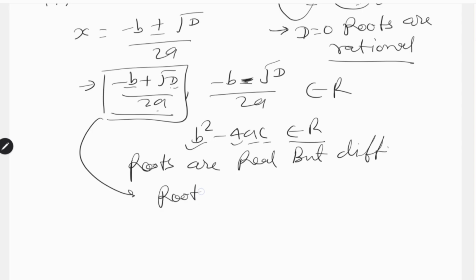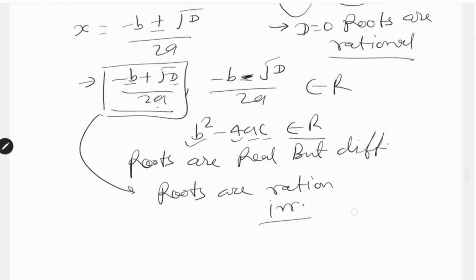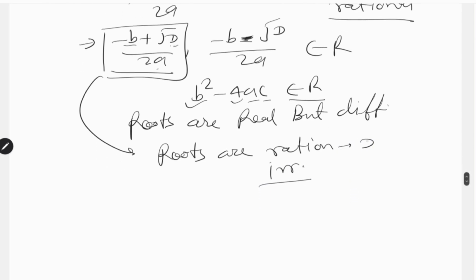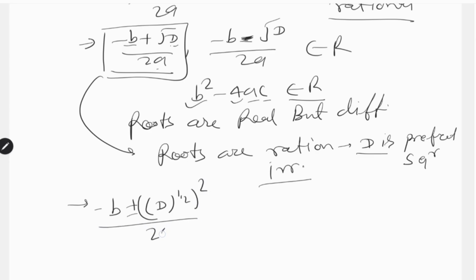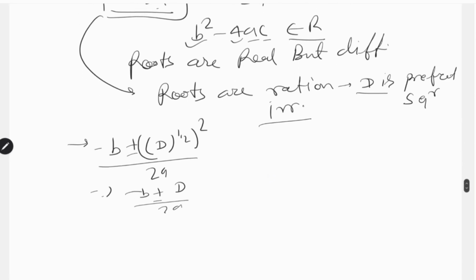Now the roots are rational or irrational. Under which condition are they rational? If D is a perfect square, then (-b ± √D) / 2a has a perfect square under the root, so the roots are rational.